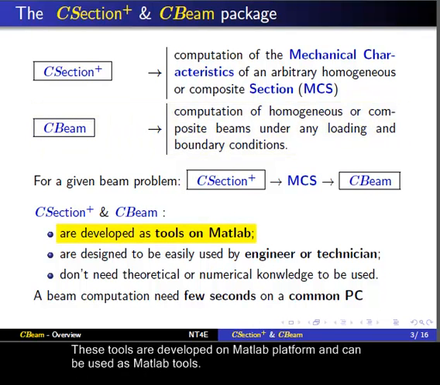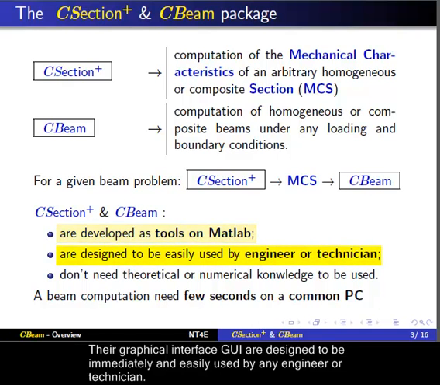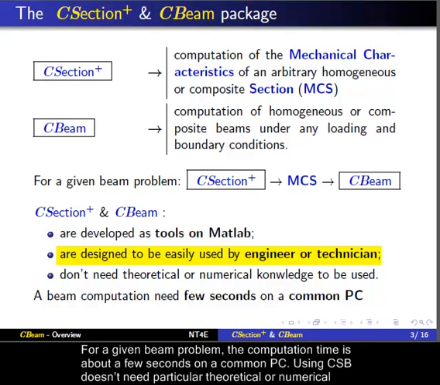These tools are developed on Matlab platform and can be used as Matlab tools. Their graphical interfaces are designed to be immediately and easily used by any engineer or technician.